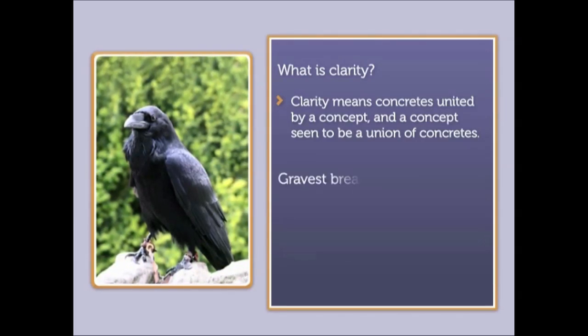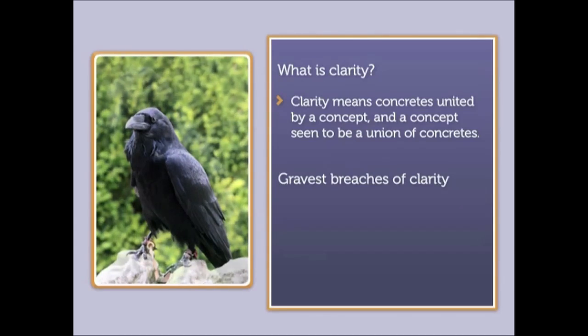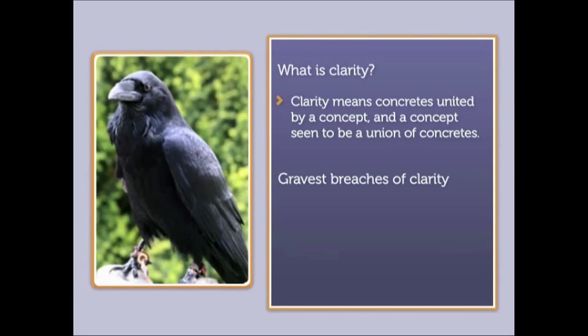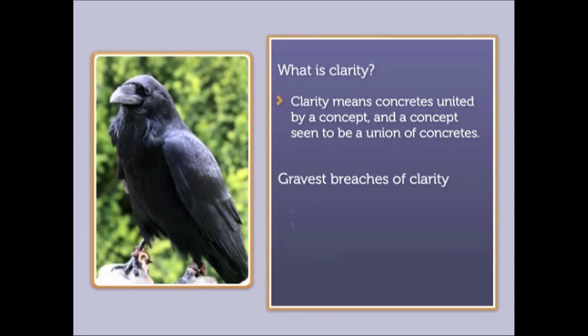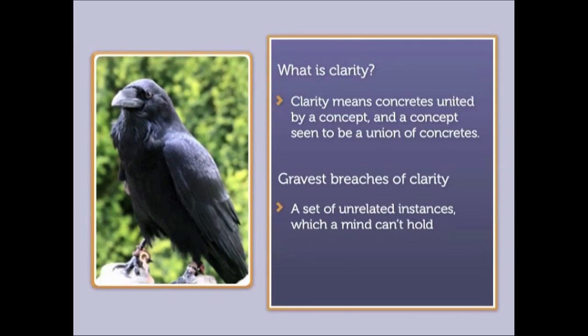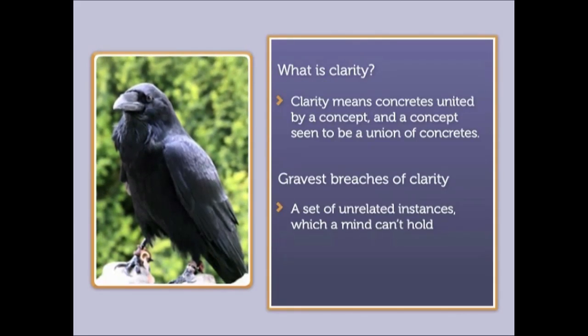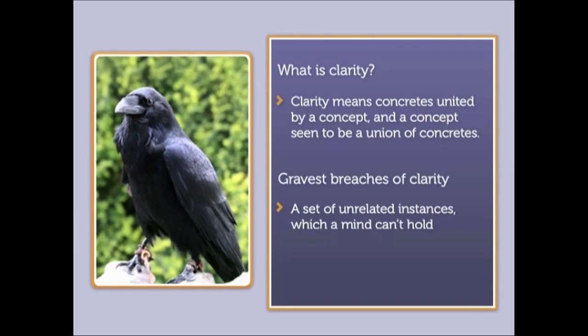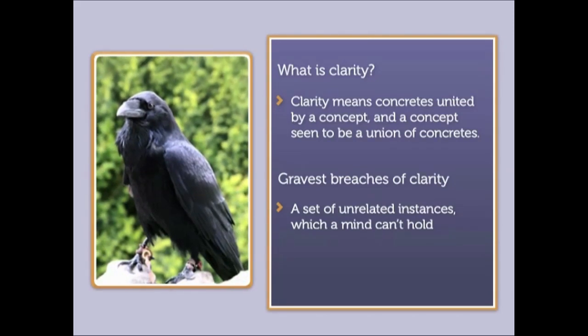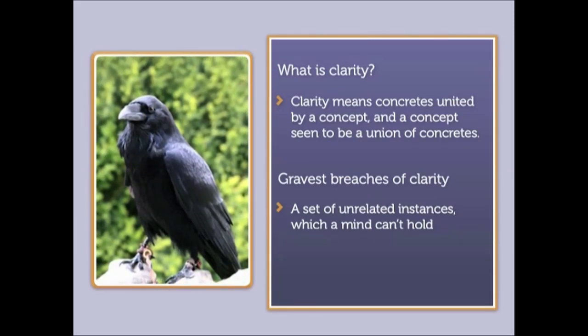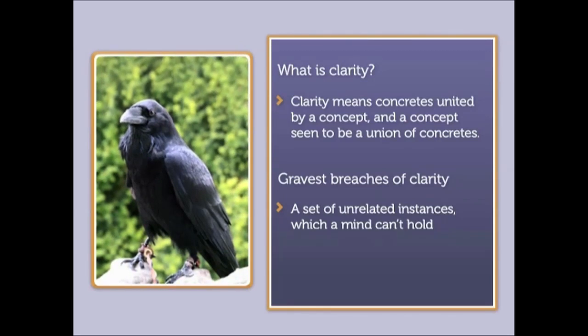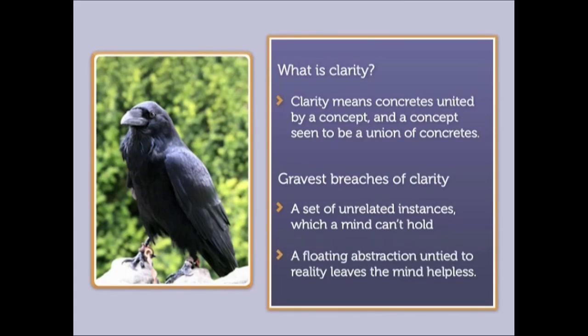So I would say the two gravest breaches of clarity are, on the one hand, a set of unrelated instances given to a class, because that leads simply to mental breakdown. The class turns off. I can't hold it. I just don't get it. Too much pressure on the capacity of consciousness. And the other main breach of clarity is a floating abstraction, untied to reality.